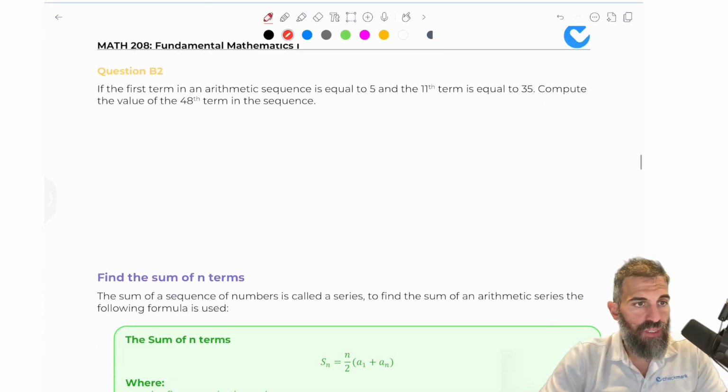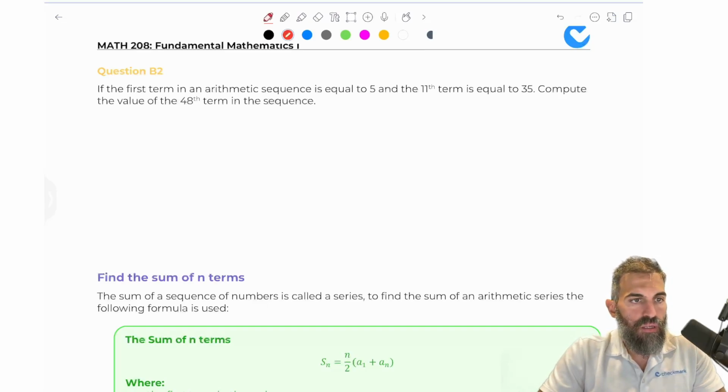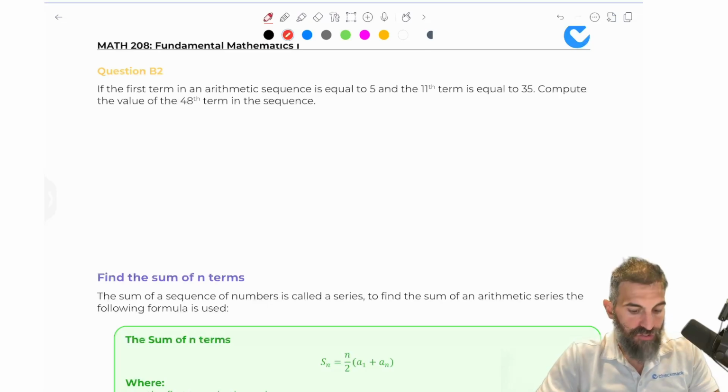Okay, let's try another one. If the first term in an arithmetic sequence is equal to 5, and the 11th term is equal to 35, compute the value of the 48th term in the sequence. Okay, let's go through that again. So the first term, A1, is 5.